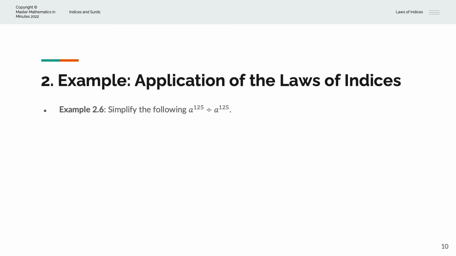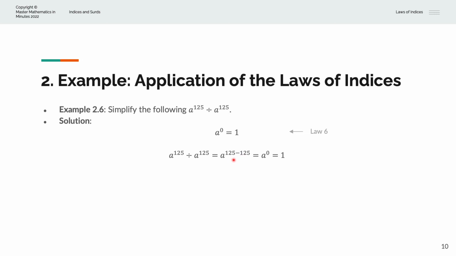And the sixth example is where we're asked to simplify a to the power of 125 divided by a to the power of 125. And so we'll apply the sixth law. So a to the power of 125 divided by a to the power of 125. According to the second law, we should take the difference.